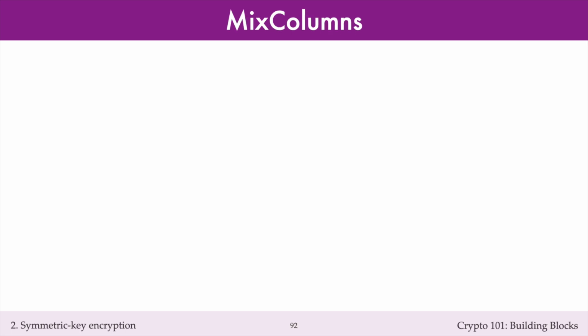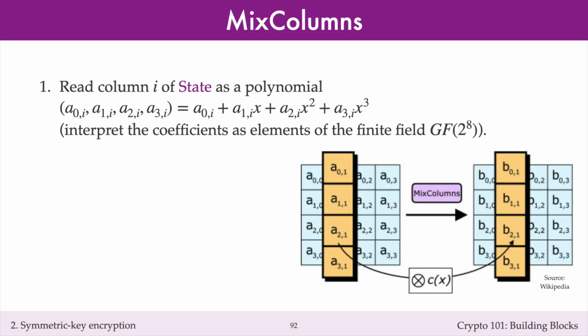The fourth AES round operation is MixColumns. The purpose of MixColumns is to mix up the bits in the 4 bytes of each column of the state. Like the S-box description, the description of MixColumns is algebraic in nature in order to facilitate analysis of AES security.